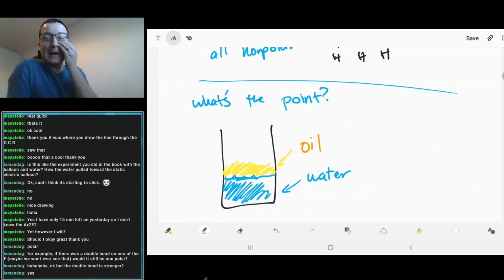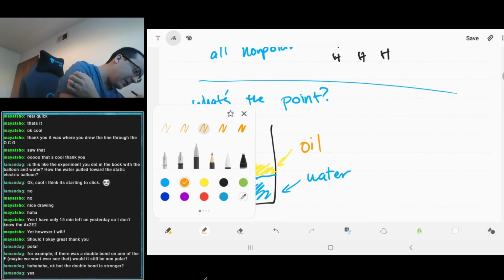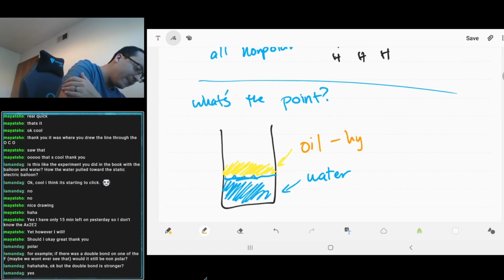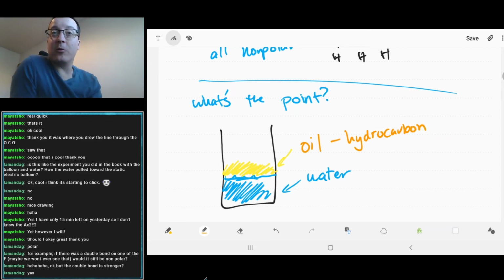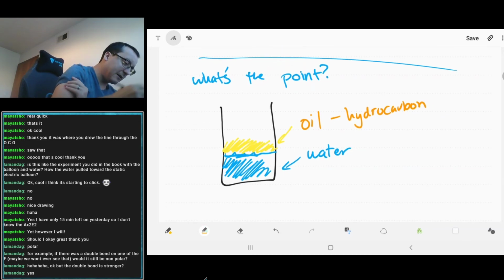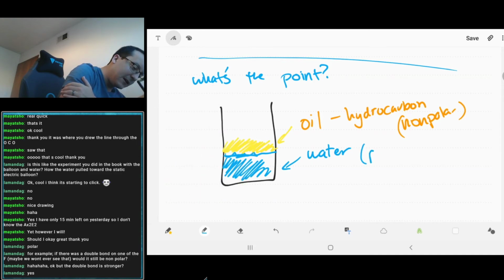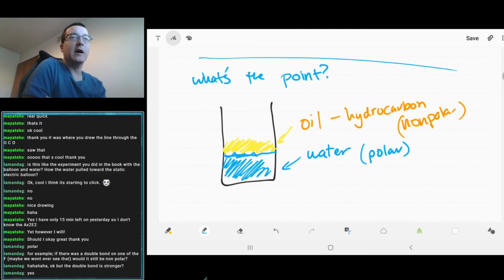We have all seen this in our lives. Just so you know, oil is essentially a hydrocarbon. Or you could say gasoline, those are hydrocarbons as well. They will also separate from water. Remember, because it's a hydrocarbon, that means it's nonpolar. Water, of course, we have already seen was polar.